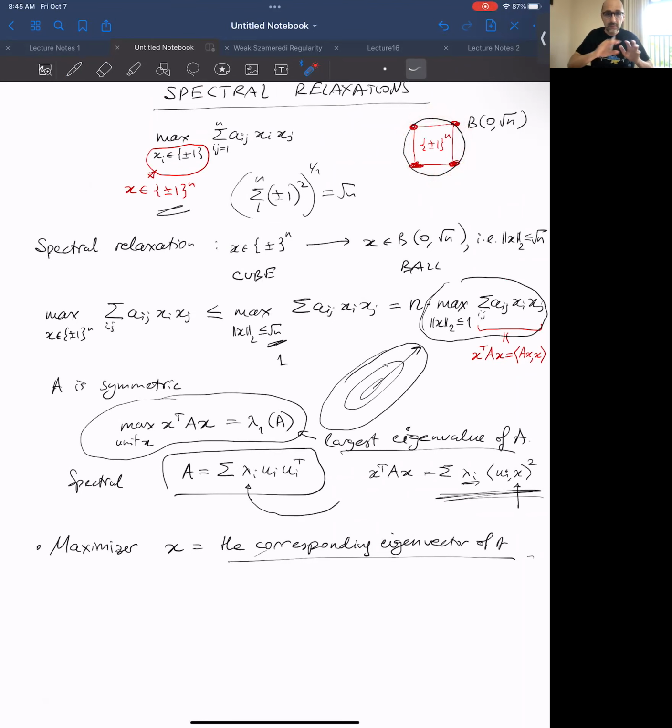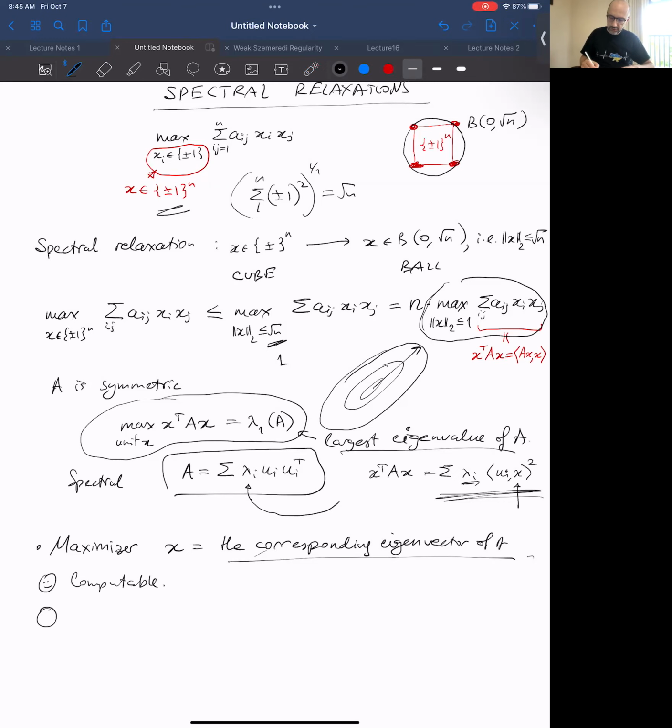Once we do this, it becomes spectral. So you can solve it using just MATLAB or something like that. Very easy. So this is efficiently computable. That's good.